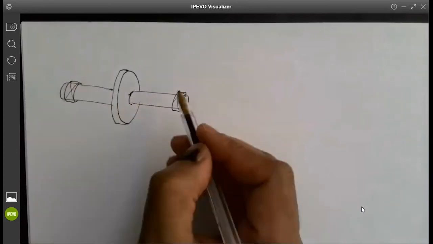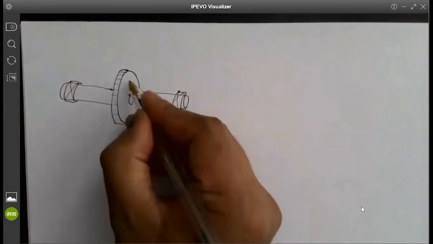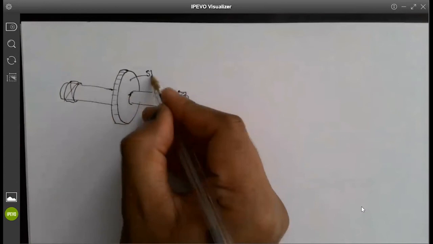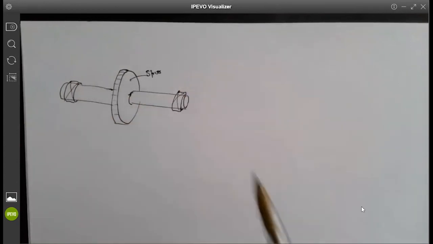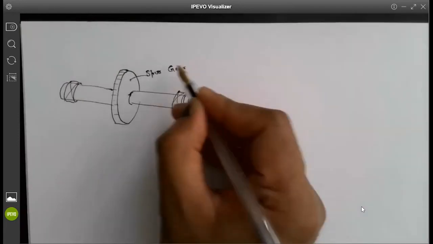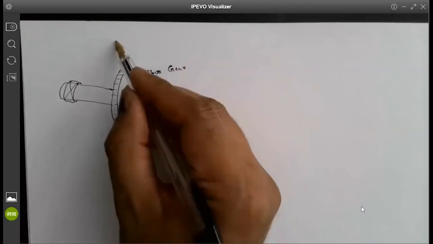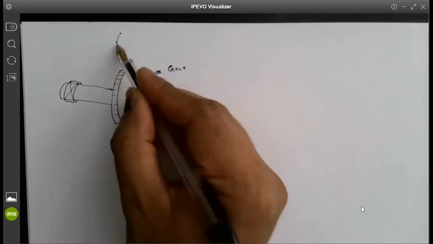For example, this is a gear and I'm talking specifically about a spur gear. I'm going to use the same example with a helical gear later on, when we are talking about axial loads as well. For right now, we are restricting our attention to spur gear. Let's say this spur gear is in contact with another gear from the top.